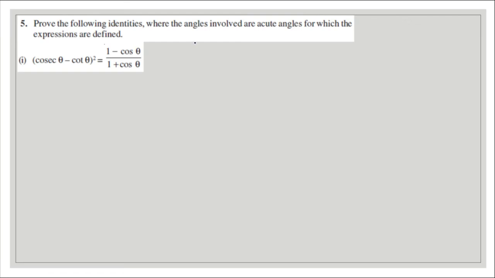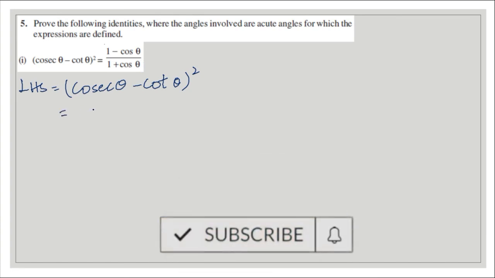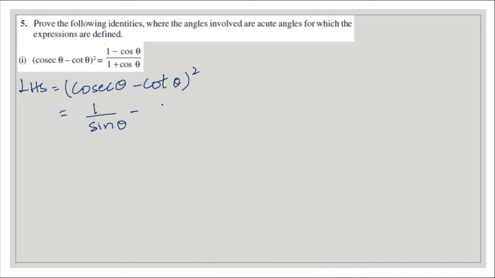In the first question, I'll consider the left hand side. The left hand side of the equation is cosecant theta minus cot theta whole square. Now I need to get in terms of cos, because in the right hand side it's there in terms of cos only, so that gives me a hint that I'll express in sine and cos way.